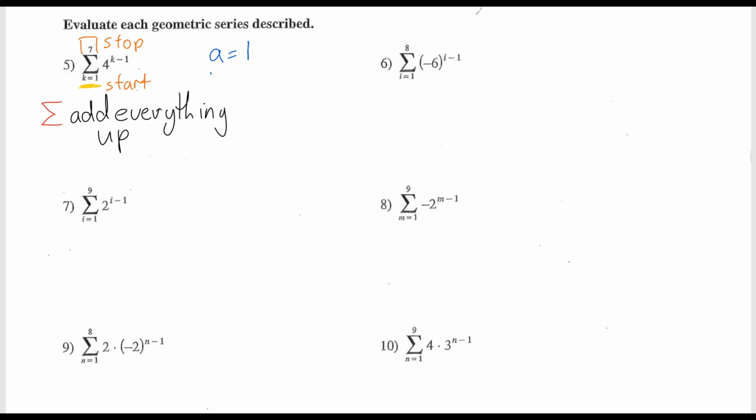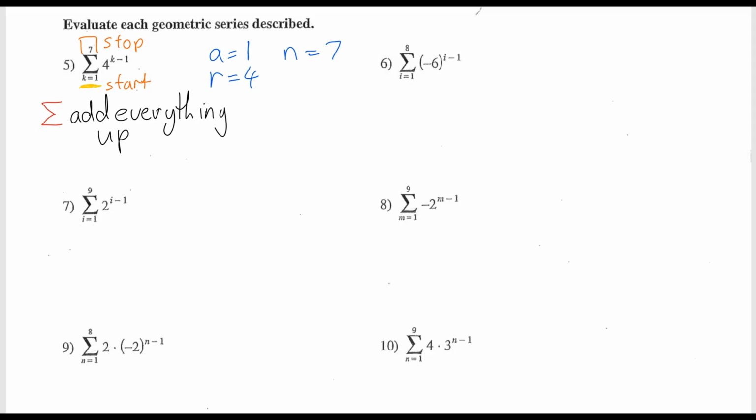You've got your common ratio, which is 4, because with this power thing, each time the power goes up by 1, you times it by 4 again, giving you a common ratio of 4. Then you'll also need n, or the number of terms in the sequence, which is 7. There are 7 terms in the sequence. 1, 2, 3, 4, 5, 6, 7.